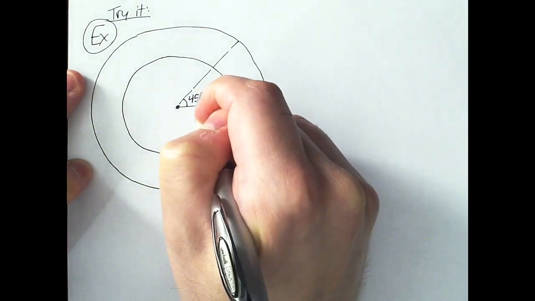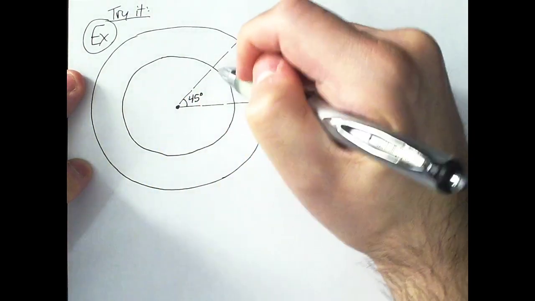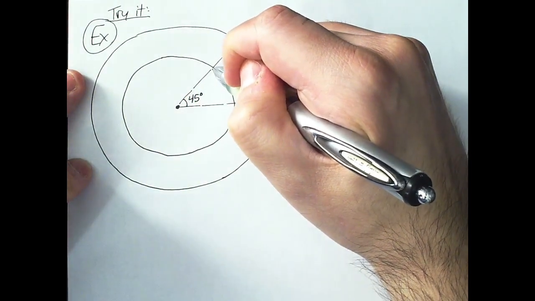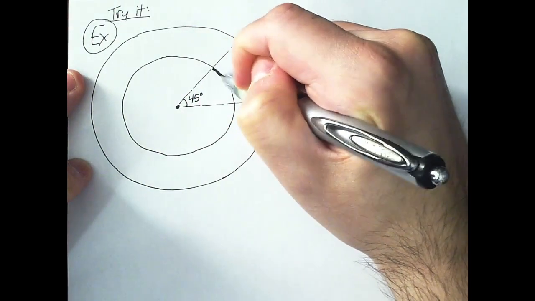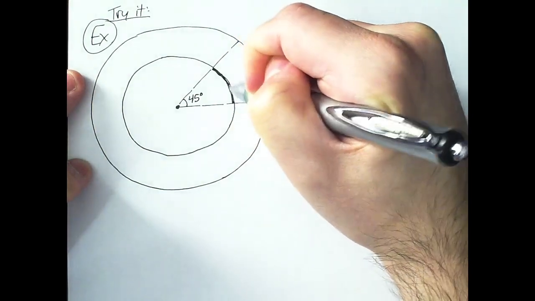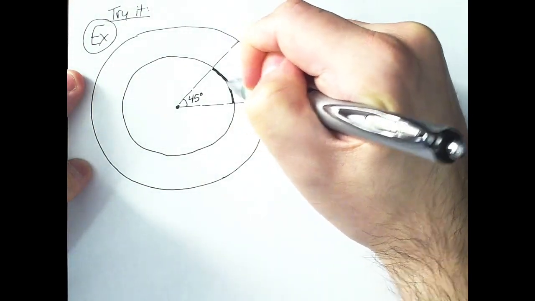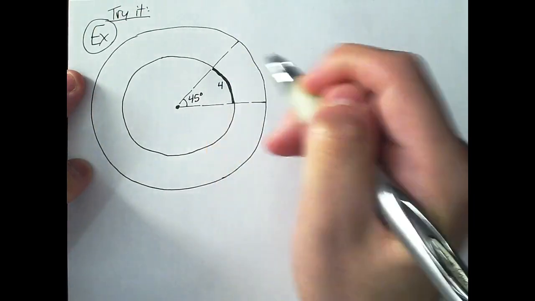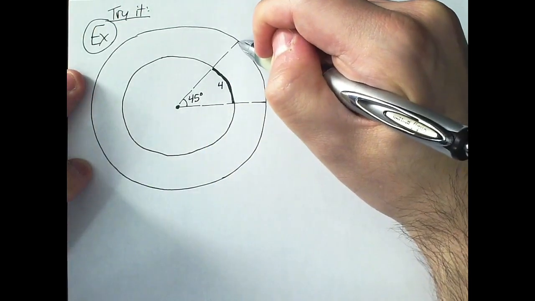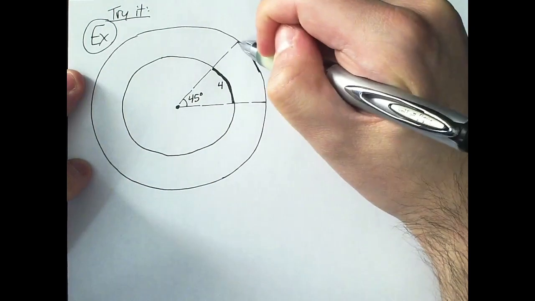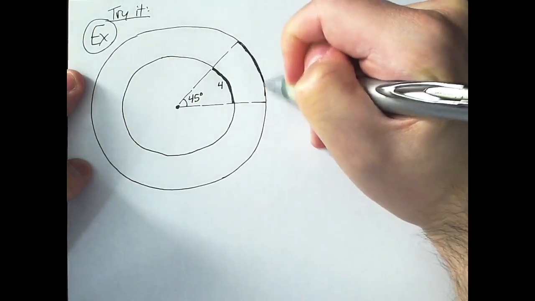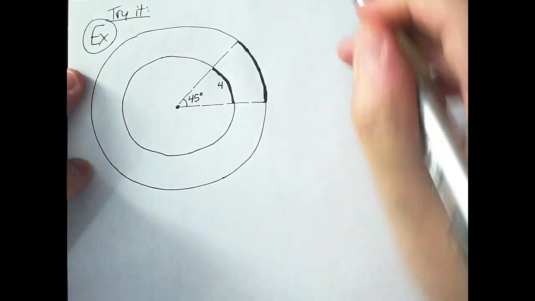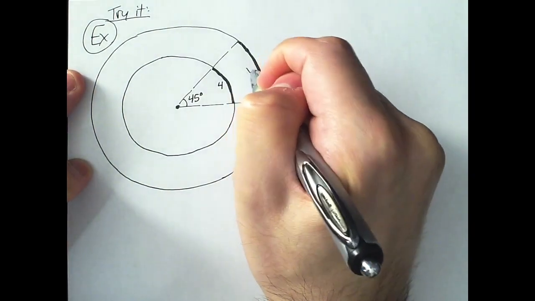This is all given to you. There's going to be a question here. So wait till everything is written. I'm labeling this 4. I'm labeling this X.